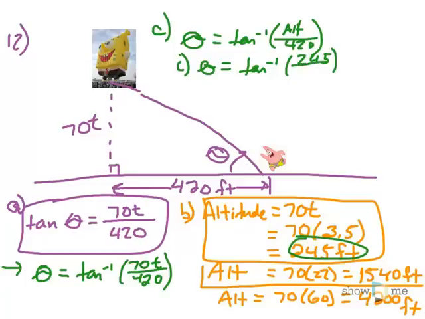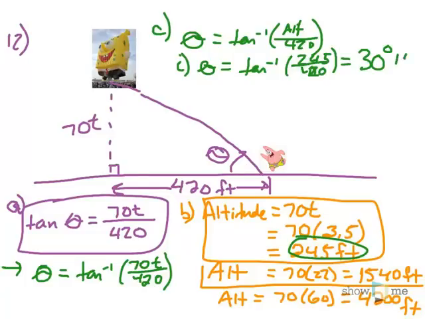If you take tangent inverse of 245 divided by 420, says to the nearest minute, we get 30 degrees and then 0.256, and so on. Take the decimal of that and multiply it by 60. You get 15 minutes.